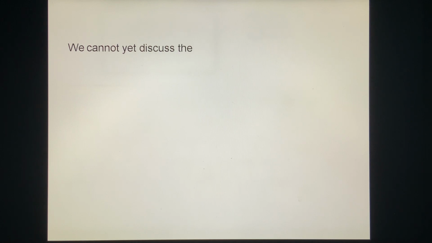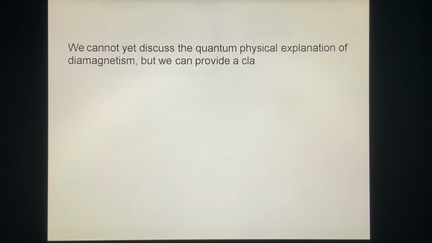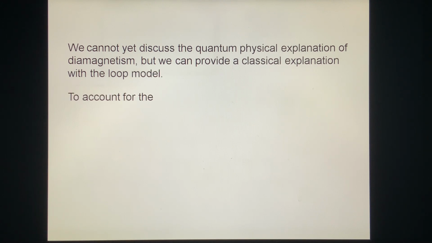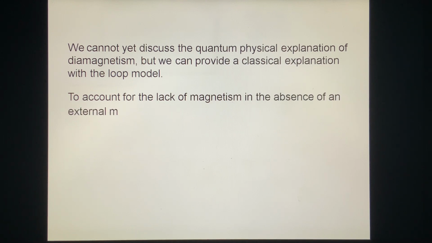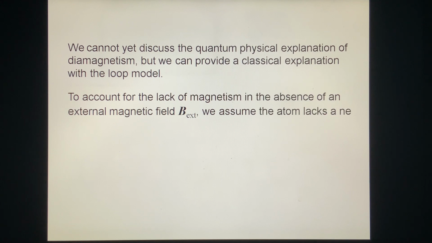We cannot yet discuss the quantum physical explanation of diamagnetism, but we can provide a classical explanation with the loop model. To account for the lack of magnetism in the absence of an external magnetic field, B external, we assume the atom lacks a net magnetic dipole moment.